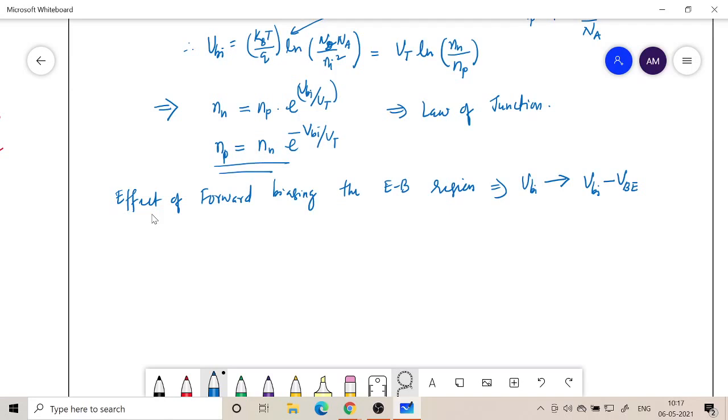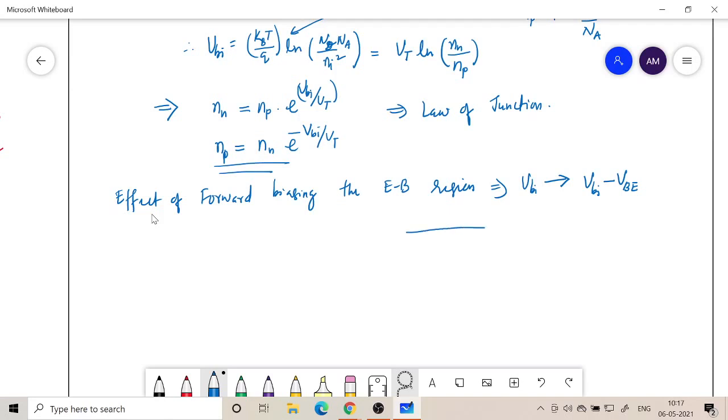Here we are talking about an NPN transistor. To forward bias, the base emitter is to be positive. That applied base emitter voltage is such that on the P side we give a plus voltage, and on the N side we give a negative voltage. But the built-in voltage has positive on the N side. So we are basically giving an external voltage which opposes the internally developed voltage.